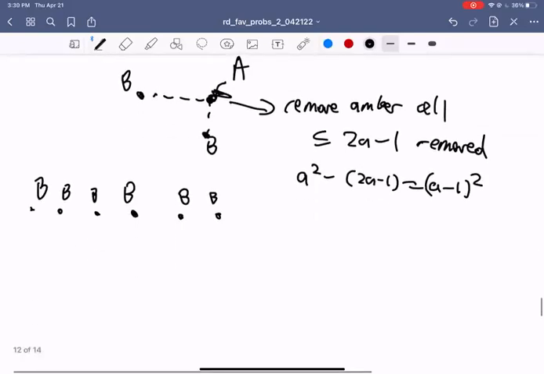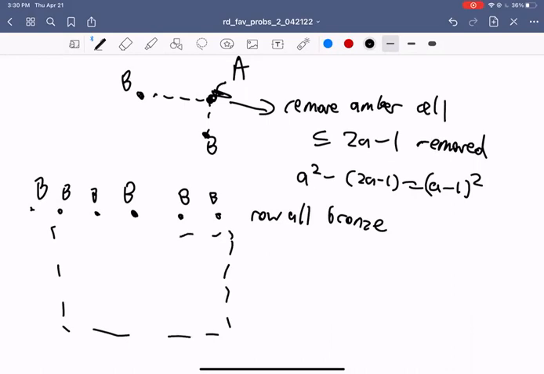Then we can consider the A by A grid below this. There must be a bronze cell somewhere in here, or else we can just choose along the diagonal again. And if there is a bronze cell there, its entire column must also have bronze cells, or else, like if there is a bronze cell here and this entire column is not all bronze, we can choose an amber cell here, and again, our inductive hypothesis would be done.